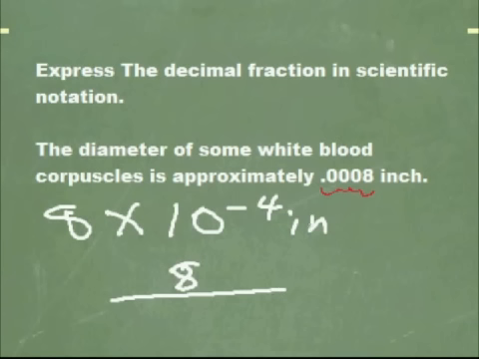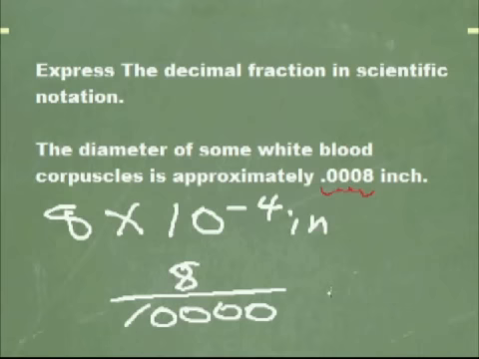But how about this? What if we told people that a white blood corpuscle is 8/10,000ths of an inch? A 10,000th of an inch. Take 8 of them.